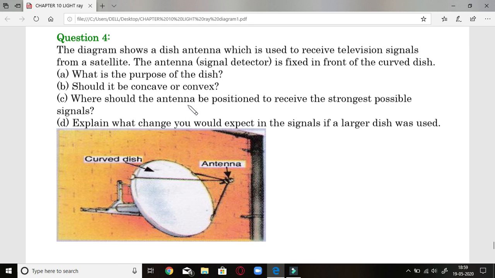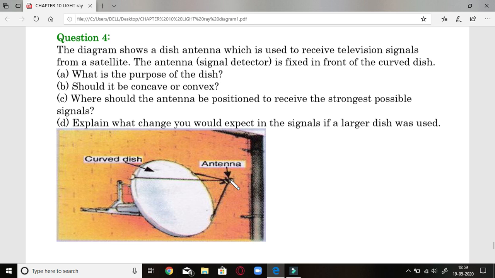Question number 4. The diagram shows a dish antenna which is used to receive television signals from a satellite. The antenna or signal detector is fixed in front of the curved dish. First, what is the purpose of this dish? Okay, and should it be concave or convex? Of course, its shape tells you what kind of surface it is, and why the antenna is placed at this point only, because it's a focus.